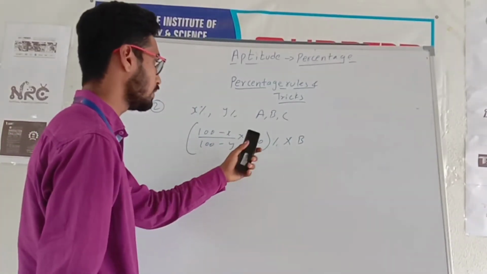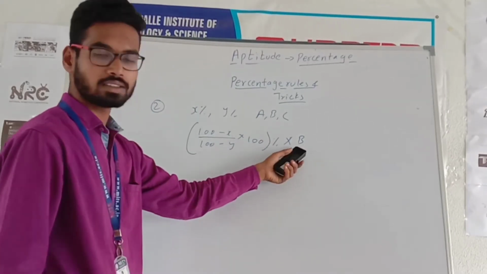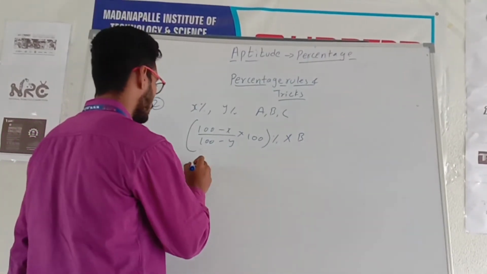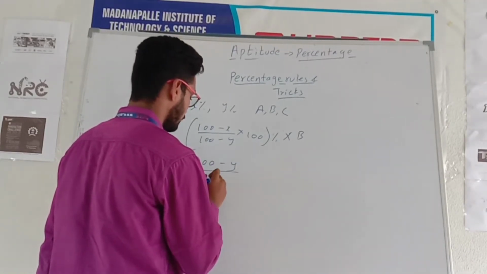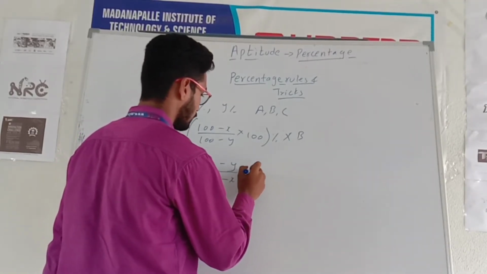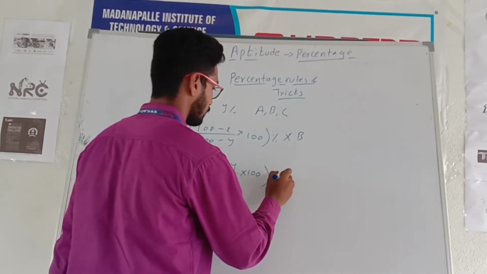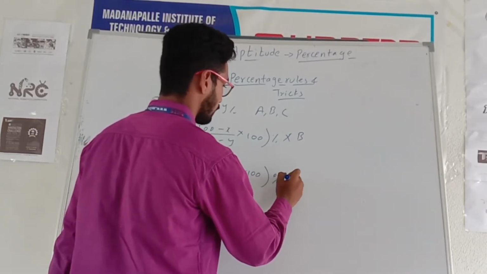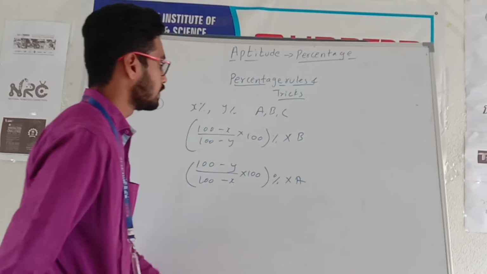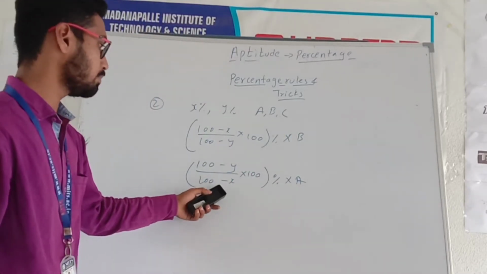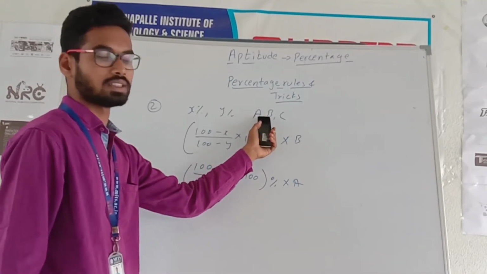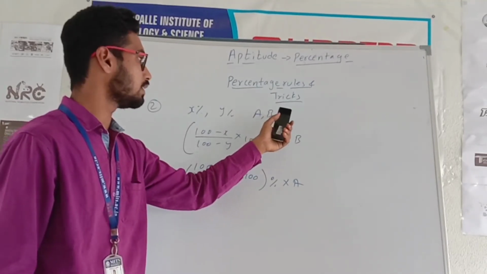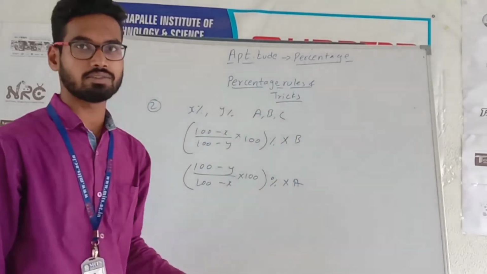If you want to find the first value with the help of the second value, the same repeats again. This minus symbol is used when the two terms are comparatively less than the third value.